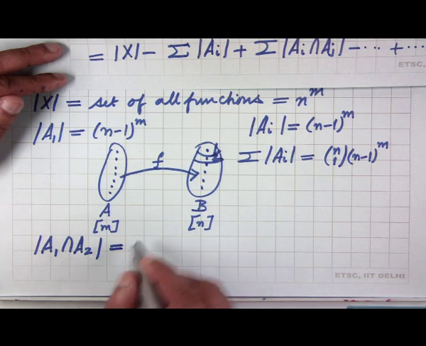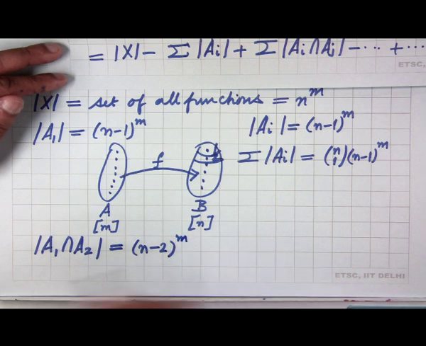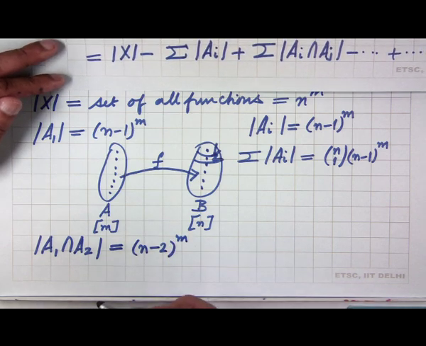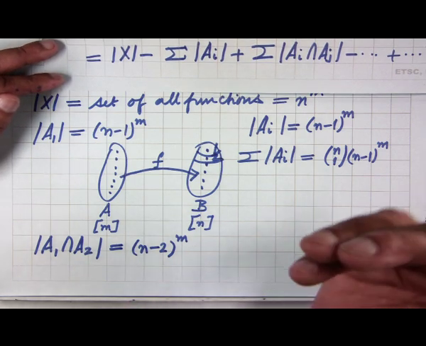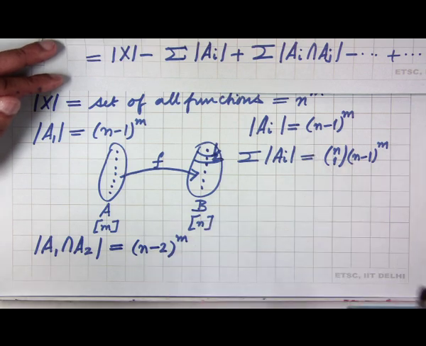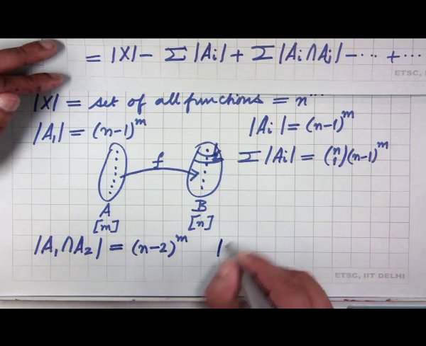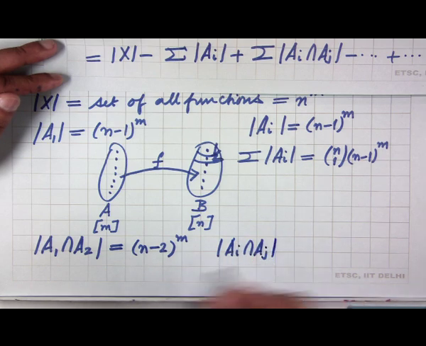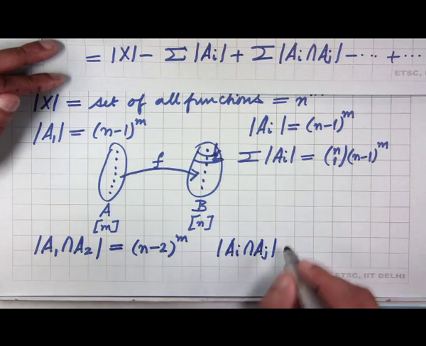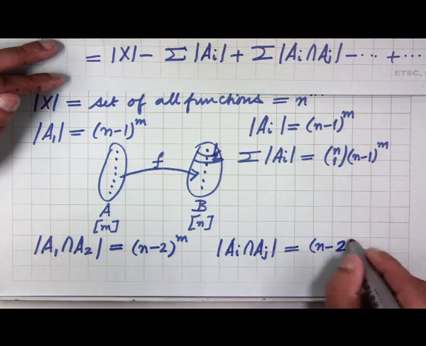Therefore, the cardinality of this is n minus 2 to the power of m, because the first two elements are not in the range. And I can consider any function with codomain which includes the numbers from 3 to n. Again, as before, if I were to look at A_i intersection A_j, regardless of whether it's 1 and 2 or any i and j, the answer is the same. It is irrespective of which two elements I've removed.